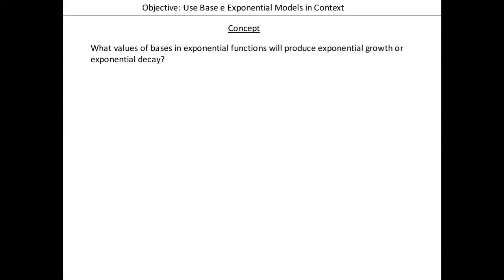All right, so for a concept today, it says what values of bases in exponential functions will produce exponential growth or exponential decay. So this is kind of what we talked about yesterday. So if you remember, for exponential growth, our exponential growth formula looked like what?